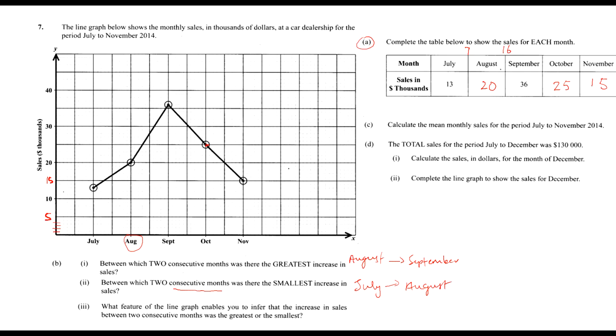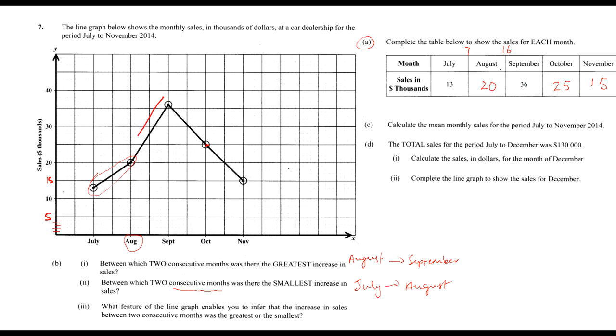Right? And what feature on the line graph enables you to infer that the increase in sales between the two consecutive months was the greatest or smallest? Now, remember, we're looking at the change in sales, right? So therefore we're looking at the slope of each line segment. If we look at this line segment here between July and August, it has a particular slope.